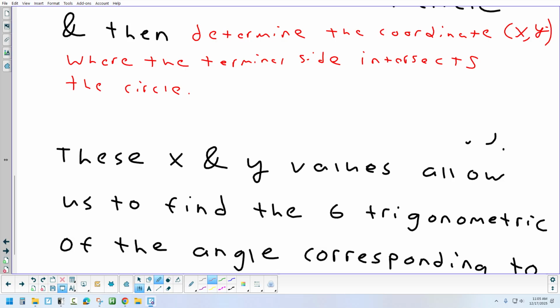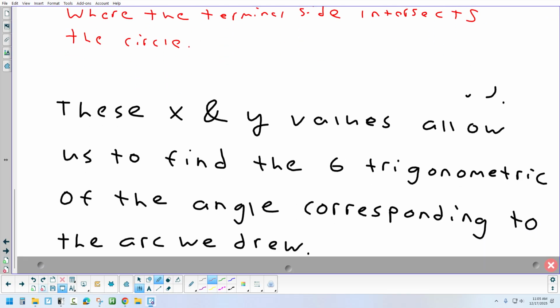There are 6 different formulas that we're going to look at, and they each correspond to a different trig function. We're going to look at what's called sine, cosine, tangent, cosecant, secant, and cotangent. Those are the 6 trig functions, at least the 6 that we're going to study right now.